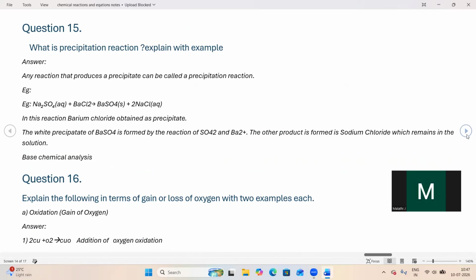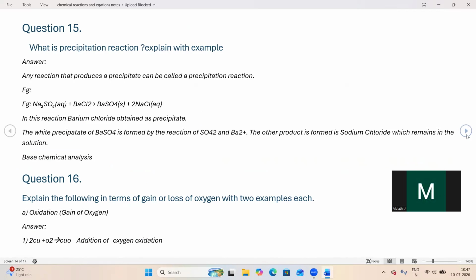Then what is a precipitation reaction? Explain with an example. Any reaction that produces a precipitate can be called a precipitation reaction. It means the precipitate is not soluble in the solution. If you take Na2SO4 plus BaCl2, it gives BaSO4 plus 2NaCl.